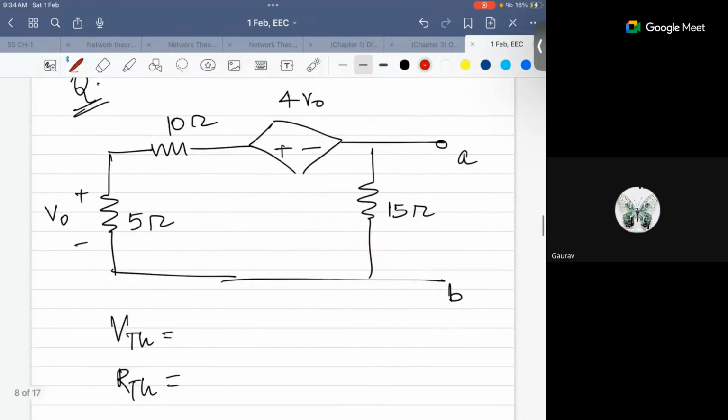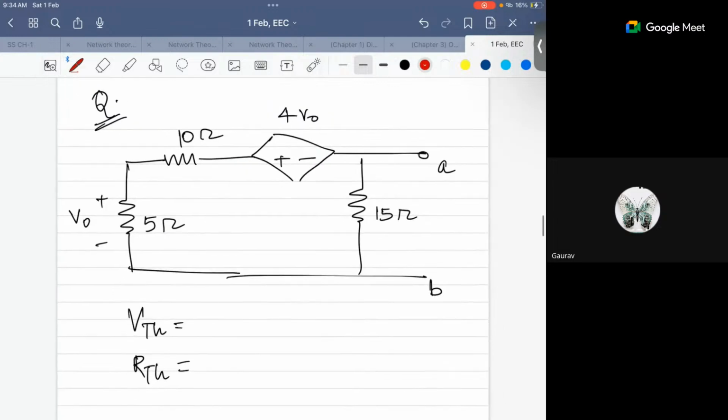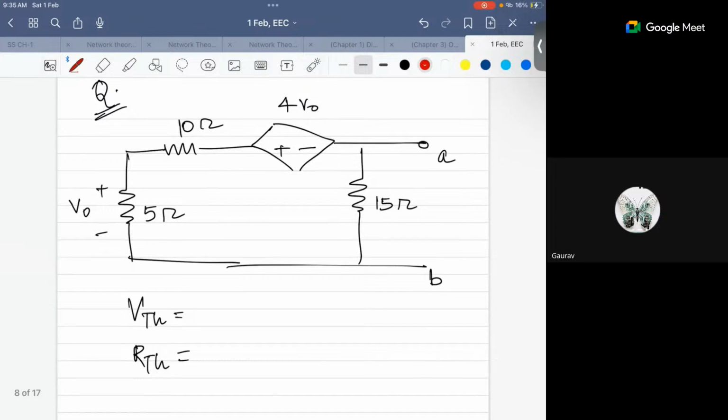Now, this is the next question. For this case, you have to calculate V Thevenin and R Thevenin. I already told you something, right? So V Thevenin, can somebody tell me without even touching the pen, what will be the value of V Thevenin? You can see that you don't have any independent source. You just have the dependent source. So what will be the value of V Thevenin?